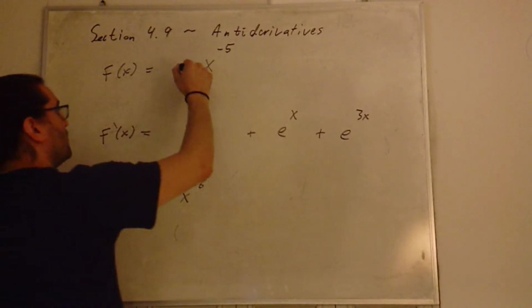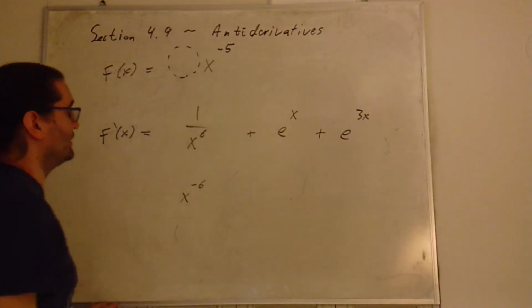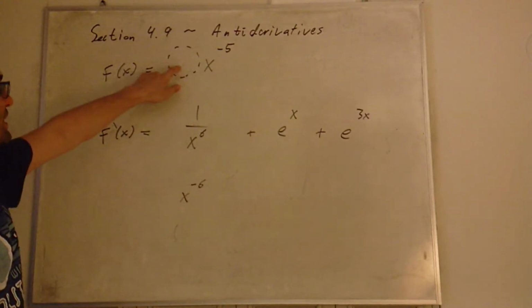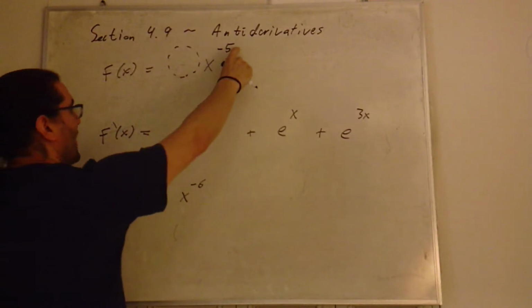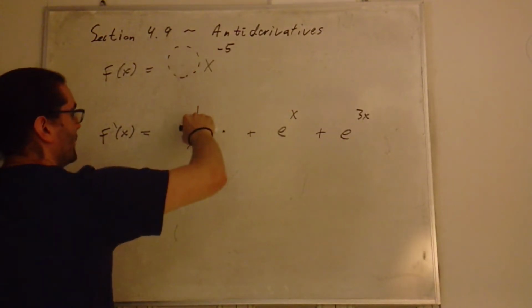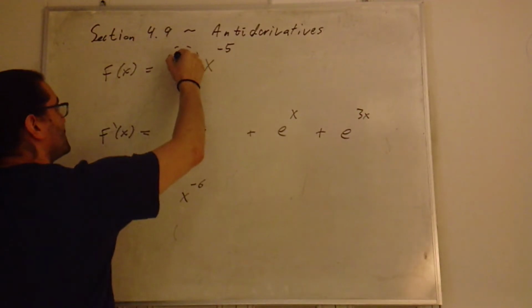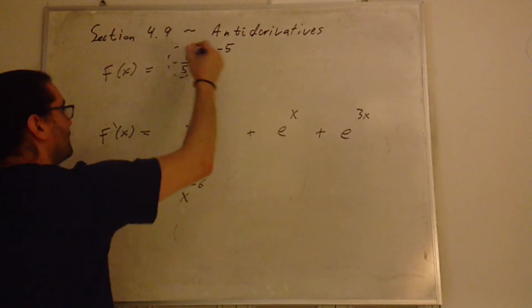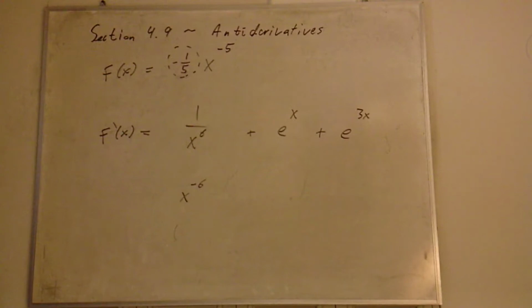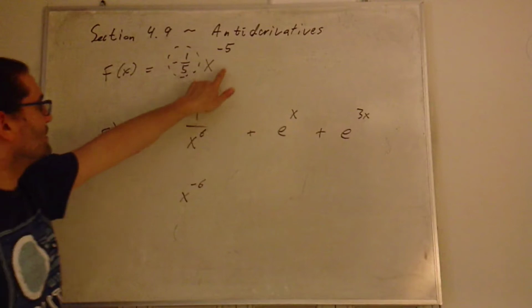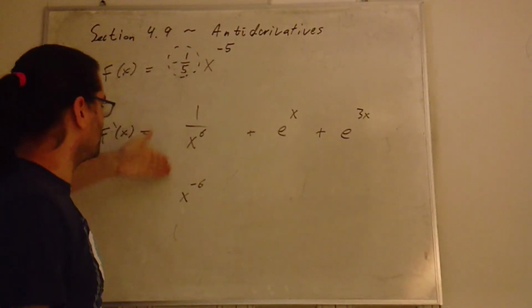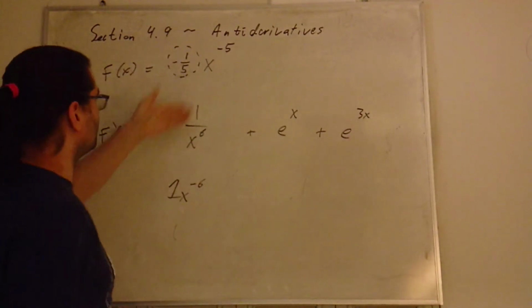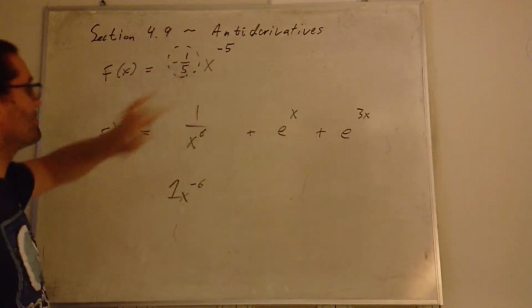But again, we need a coefficient here, and whatever the coefficient is has to be something we can multiply by -5 to get 1. So I think the coefficient here needs to be -1/5. I think that works out, because when you take a derivative of this, the -5 times the -1/5 will give you +1. You subtract 1 from -5, you get -6. Yeah, that looks like it's good.